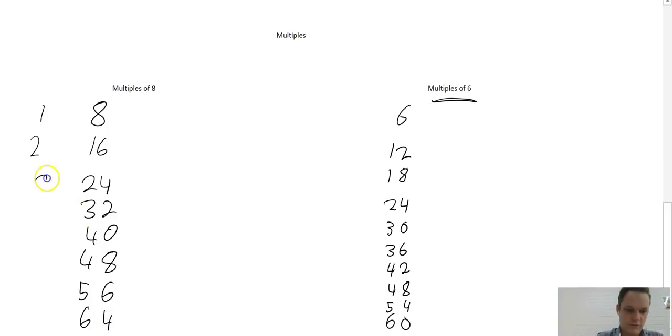So that's 3, 4, 5, 6, 7, 8. Now I'm stopping at 8 because we've only gone up to 60 and that's 64, so it's pretty close, but it's gone past it. So they're my first 8 multiples of 8.